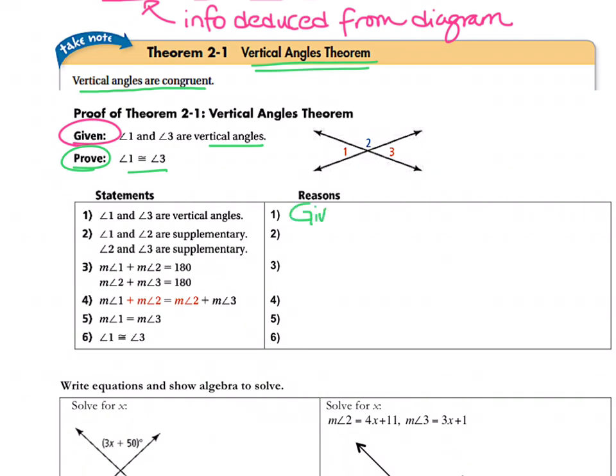So our first statement is our given. Almost always the very first statement in a proof will be given information. Step 2 says that 1 and 2 are supplementary and 2 and 3 are supplementary. And we know that because they're linear pairs, and linear pairs are supplementary.